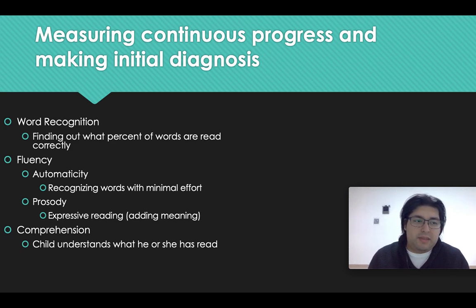When it comes to fluency, you have automaticity and you have prosody. Automaticity is: can the reader recognize the word without much effort? Can they look at the word and think, okay, that means cat, or whatever it may be? While the other is their reading expressiveness.